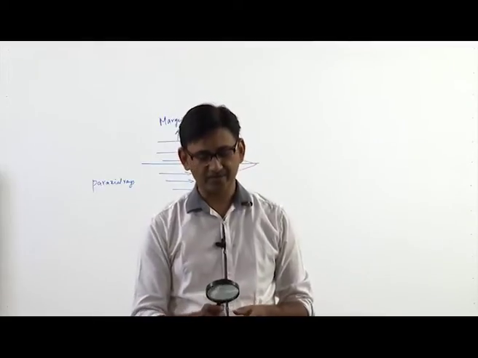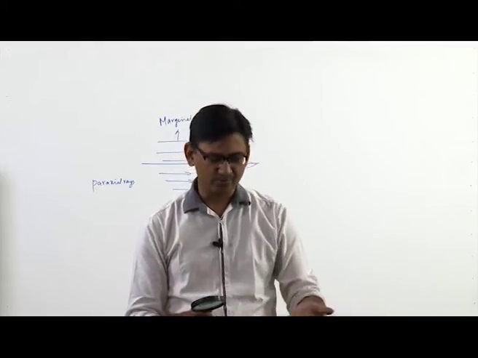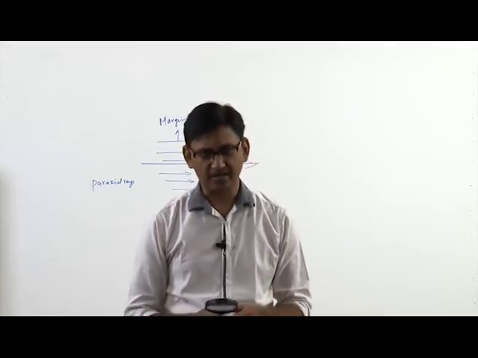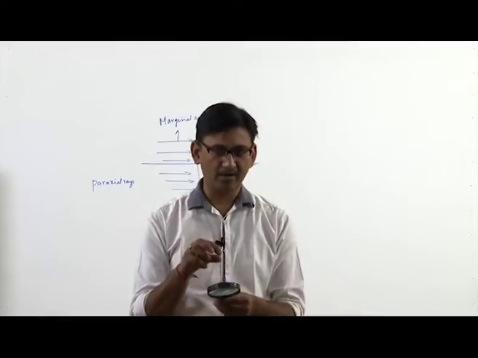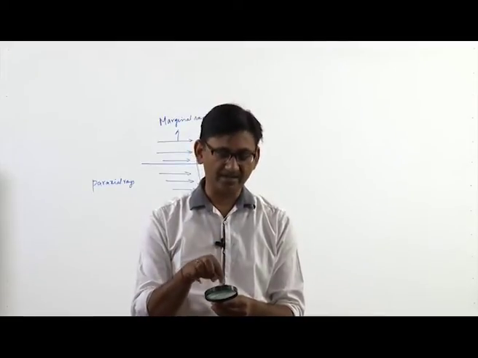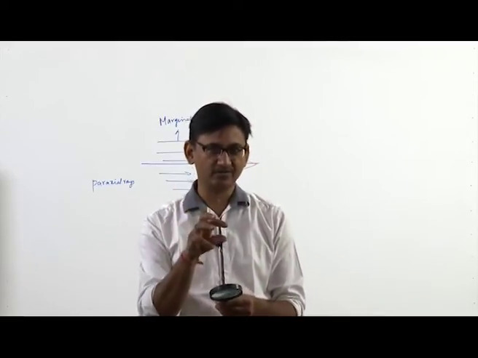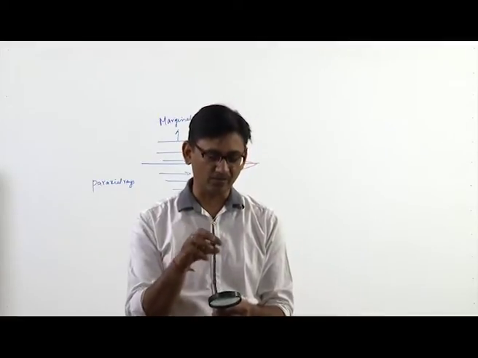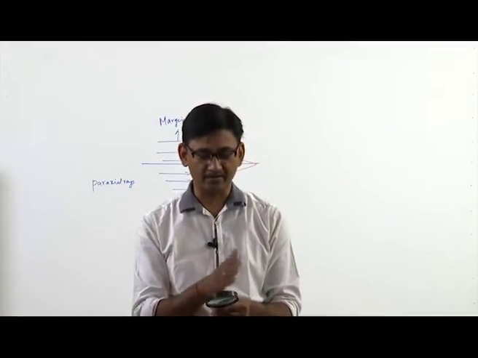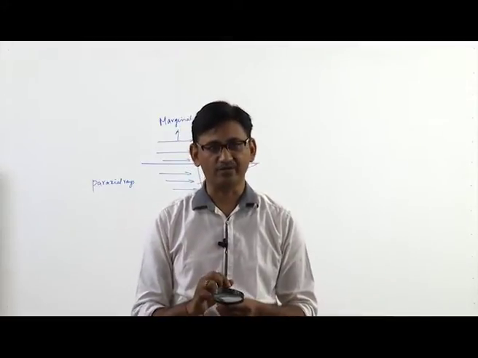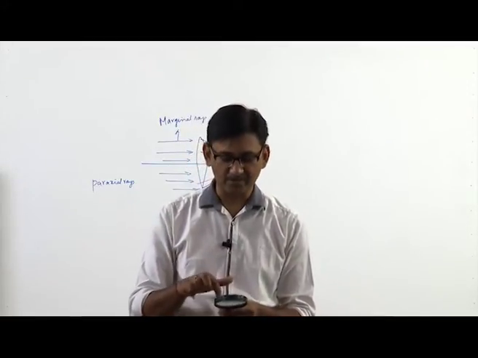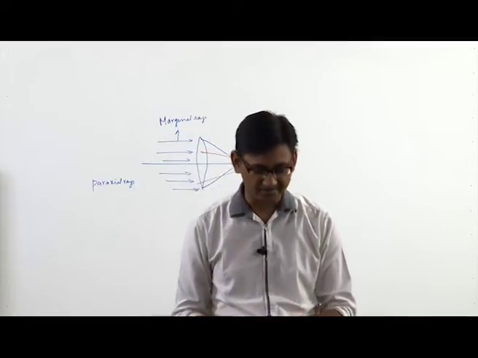If you try to read a newspaper or see any object using this, you will notice that you are reading only from the center of the lens, because that is where your focus is best, and the remaining portion is slightly out of focus, the rays which are coming from the periphery of the lens.